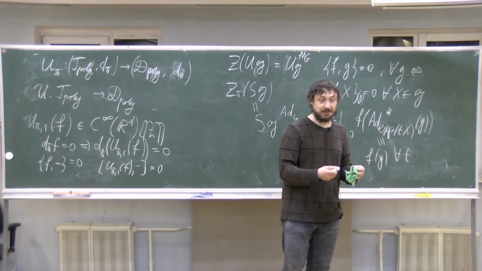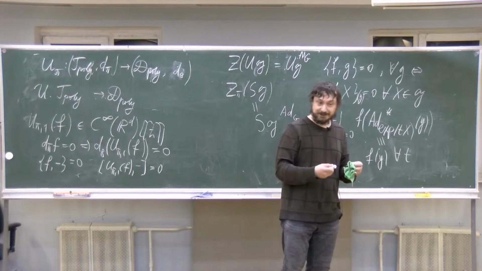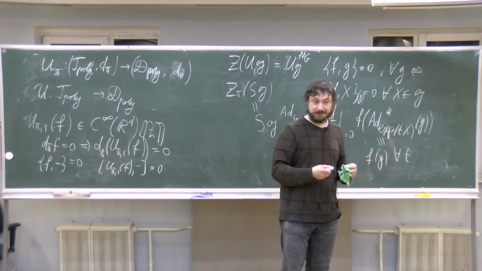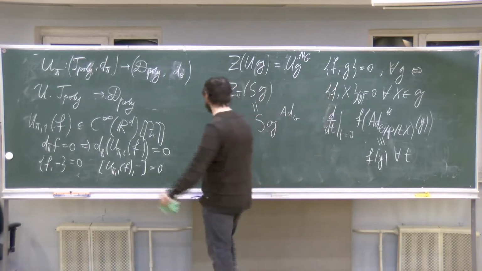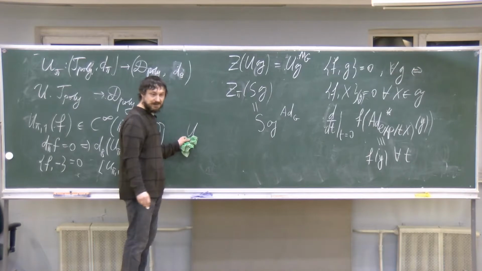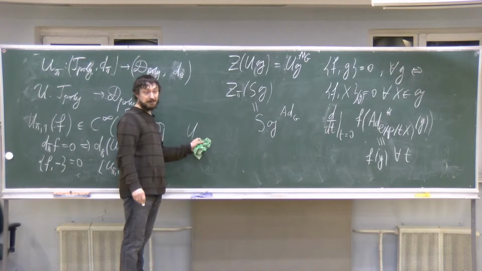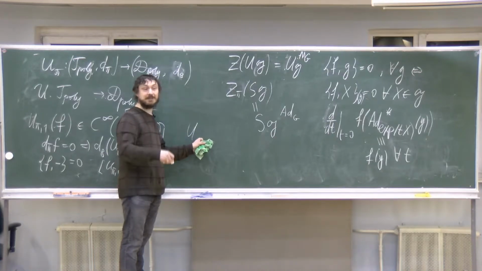The additional structure on the Hochschild complex is the cup product, and the additional structure on polyvector fields is the wedge product. So one can show that U, the Kontsevich map, well, I wouldn't say that it intertwines the wedge product with the cup product, but it does so up to the differential.